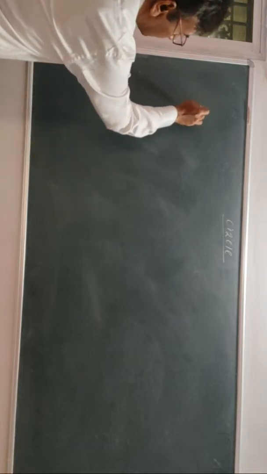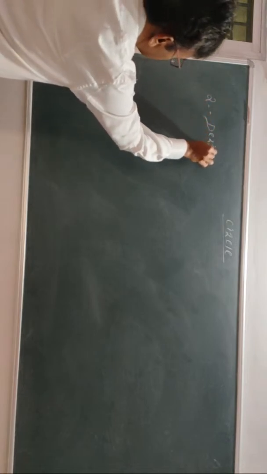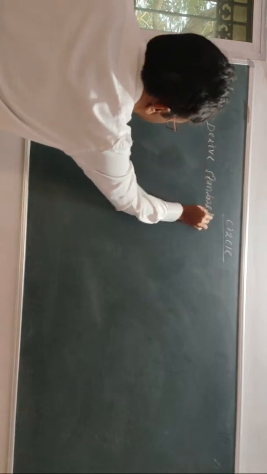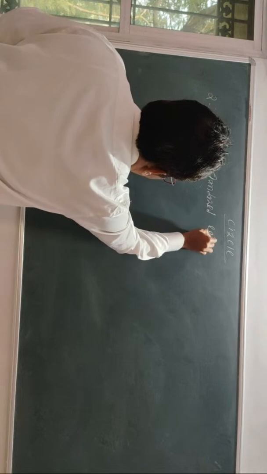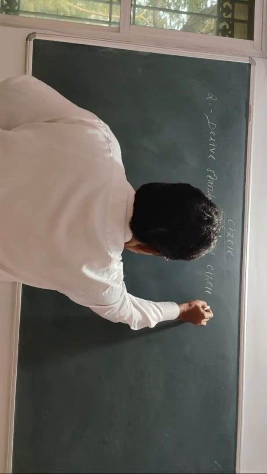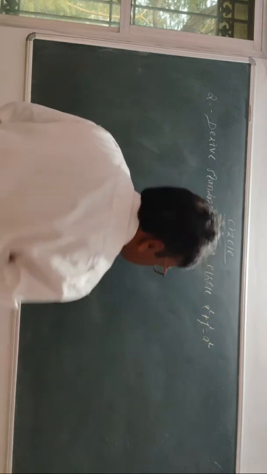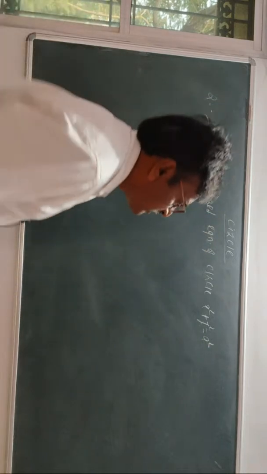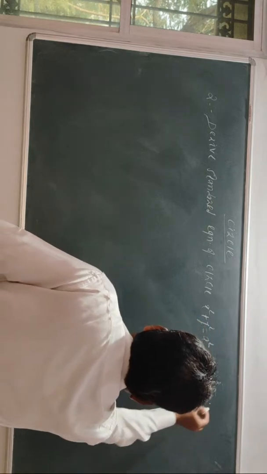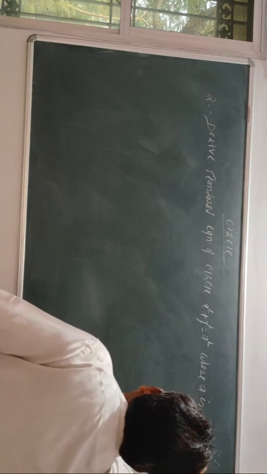The question, or theorem, is: derive the standard equation of circle, that is x square plus y square equals a square, where a is the radius of the circle.